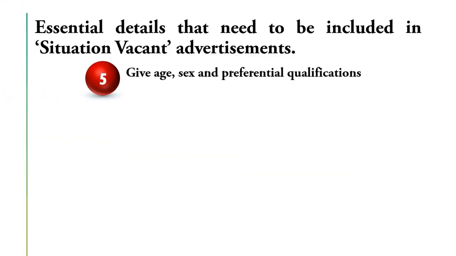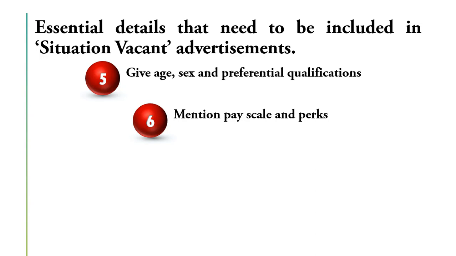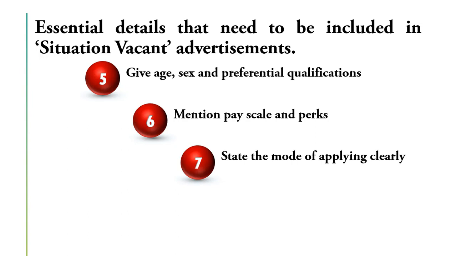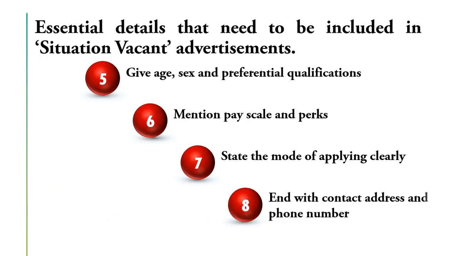Fifth, you have to give age, sex, meaning gender here, and preferential qualifications. Sixth, you have to also mention the pay scale and perks that you're going to provide. Seventh, you have to also state the mode of applying clearly. Should the application be sent online, do you need a soft copy or a hard copy of it. And finally, you have to end with a contact address and a phone number.